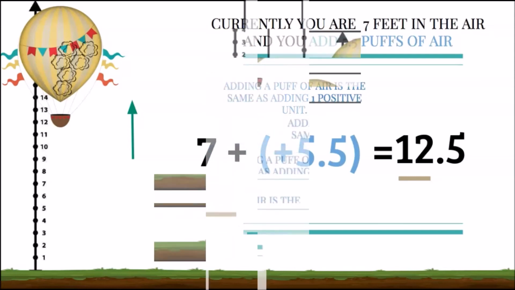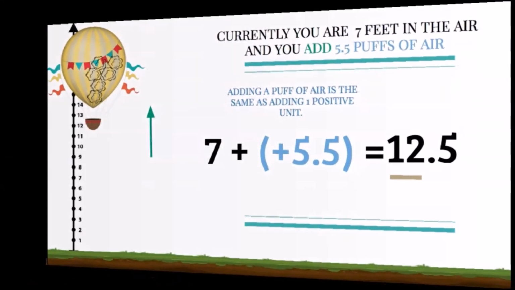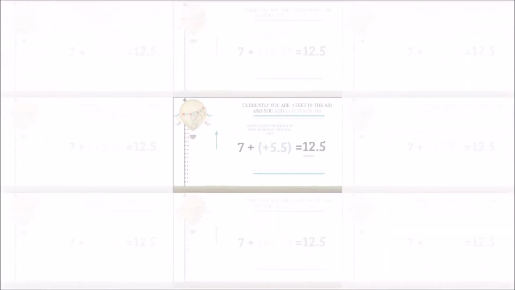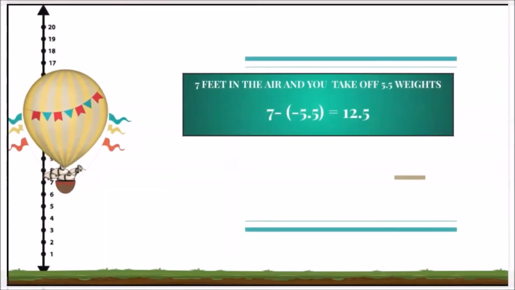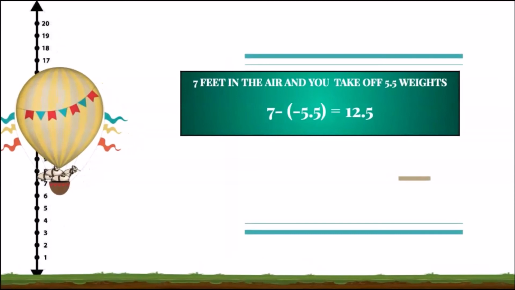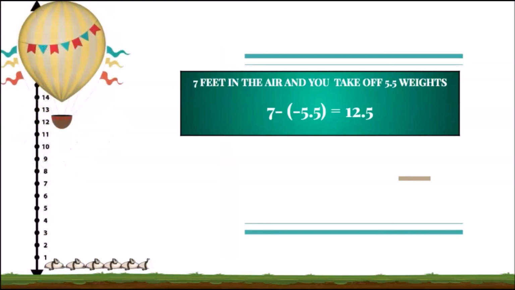Once you've given the kids these 4 different scenarios, it is important to identify which one ended in the same result. So I will begin by asking, there was a situation where we were 7 feet in the air and you took off 5½ weights, and you ended up 12½ feet in the air.